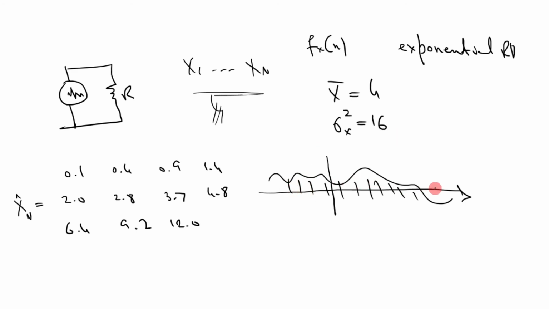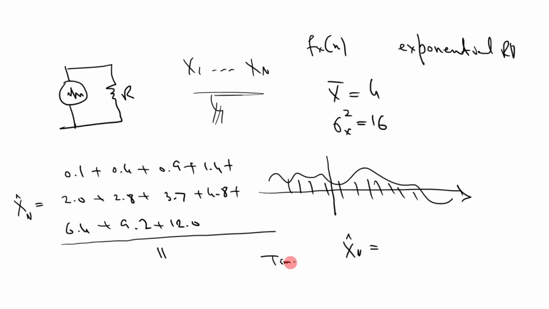You take the time average, which means you are adding all these values and dividing the sum with 11. Because you have 11 samples, what you get is time average. I repeat, this is time average. You get time average is equal to 3.9727.